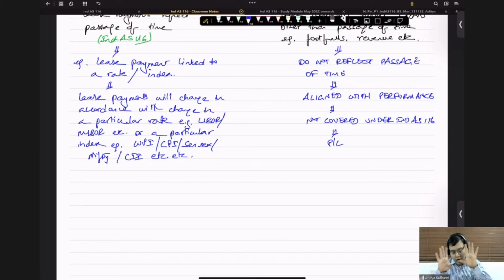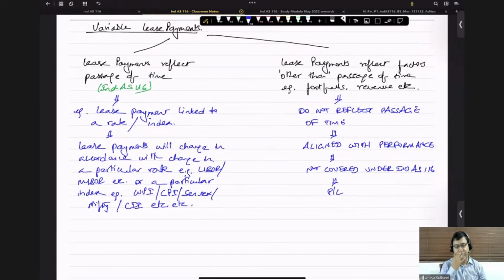At least, are you okay with the difference between variable and fixed? Variable is not a blanket 5% increase. That becomes fixed because it is a determinable amount of payments. Are you able to understand what payments linked to a rate or an index mean? All clear? Okay, Manini has confirmed.